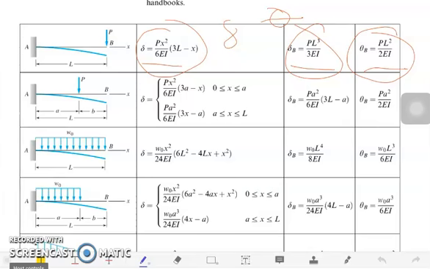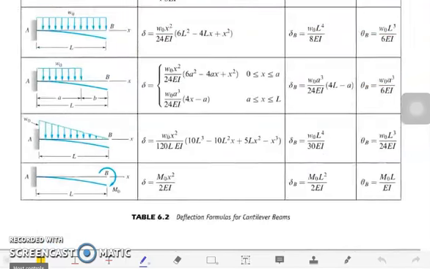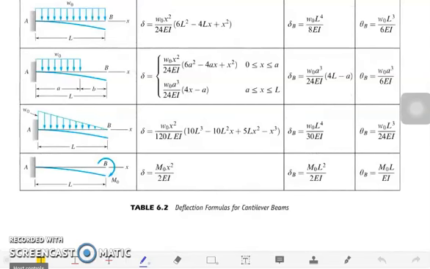We have concentrated load, uniform loading, and triangular loading, and also a moment acting on the cantilever beam, with specific formulas for deflections and for the slope.